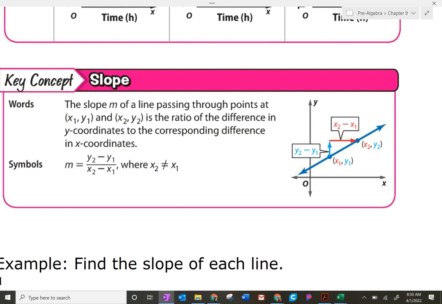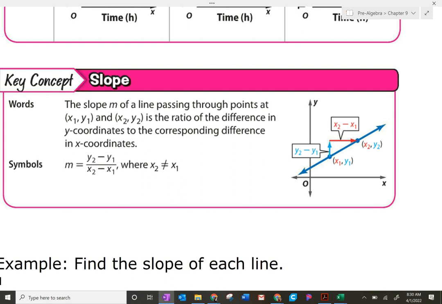So my formula for slope is m equals y2 minus y1 over x2 minus x1. It's this formula right here. I'm writing it on the board because we're going to see it a lot. So that's what the slope is.